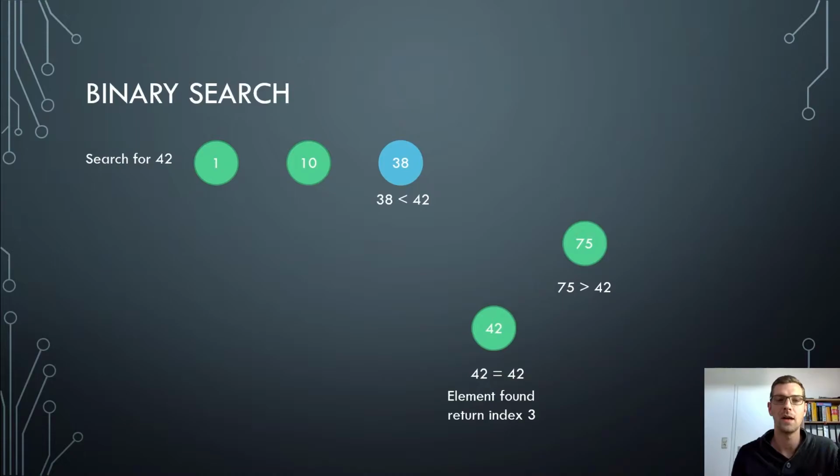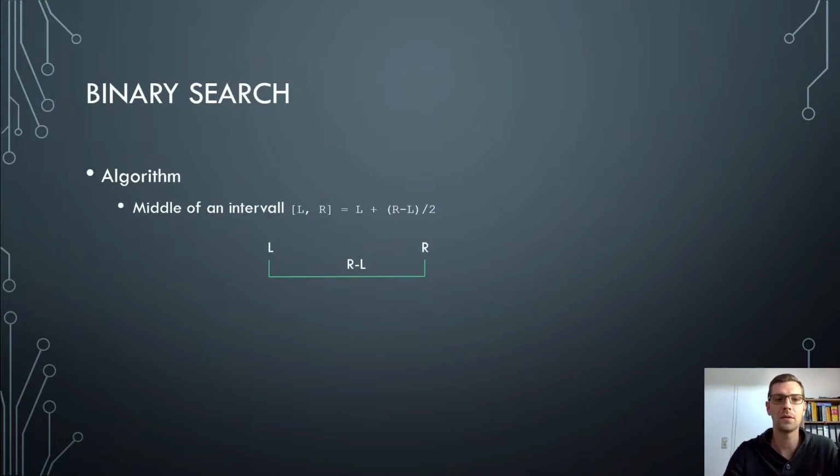Alright, now we also have to have a look at a little bit of math, because if we have an array and we want the middle, then it is not that easy, because we have to fix a starting point. In this case it is usually the 0, because arrays or lists are usually indexed by 0.